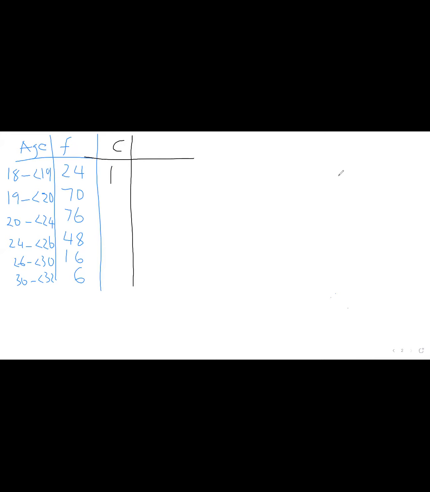Some of you, O-level work, your class size here is 2. You count 18 and 19. But when you check, you say 19 minus 18, because these are already boundaries. So this is 1, this is 1, this is 4, this is 2.